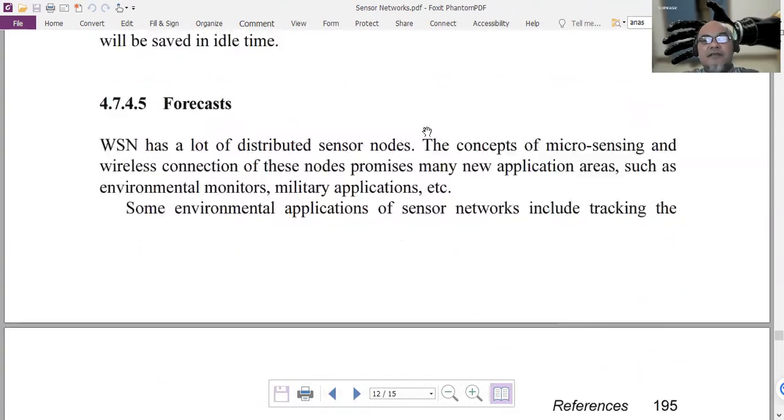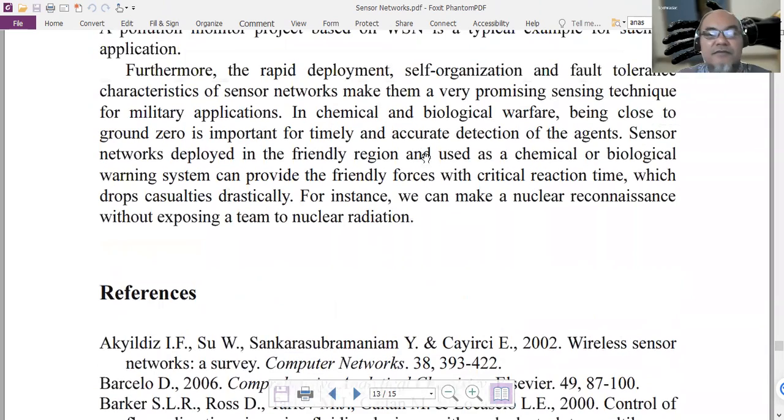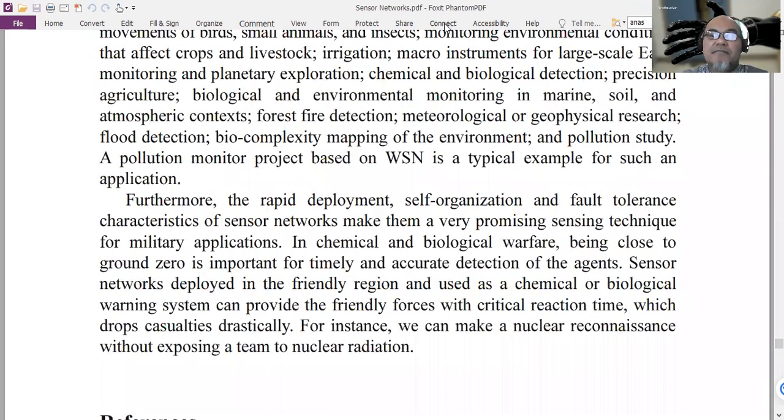I don't think there are many things to give. It's more theory here, and basically what we can say is there will be more applications of sensor networks in the future. Let's just mention biomedical.